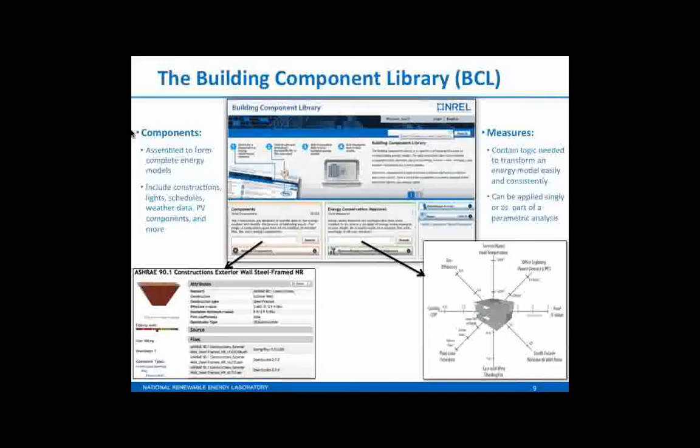All of a sudden your data is all messed up because you have three copies of the same model, and you forgot to change one parameter, or you changed it wrong. So the measures are a way of enforcing standardization of your analyses.